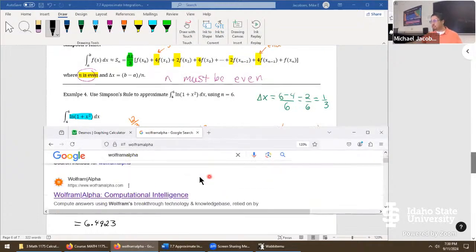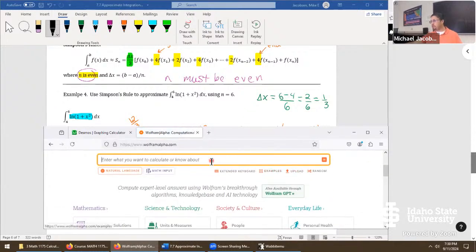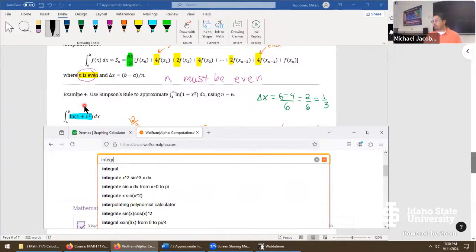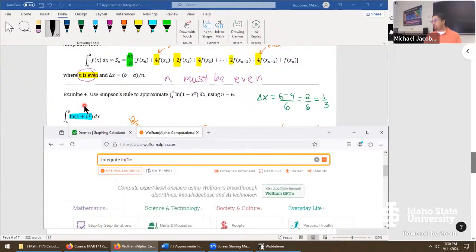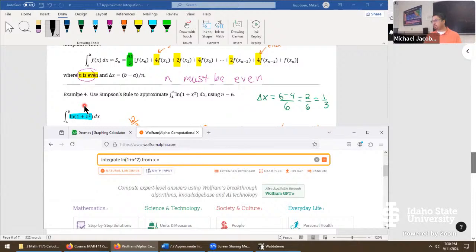I'm sure there's other sites, but this is just my go-to for this kind of thing. I abused it quite a lot as a student, trying to figure out if my numbers are on the right track. For that problem, you could say integrate natural log 1 plus x squared from x equals, I think we want to go lower to higher to not confuse Wolfram, x equals 4 to x equals 6.